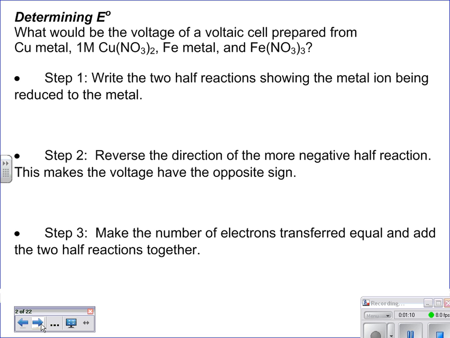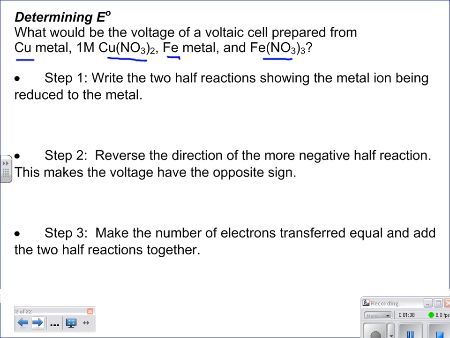So now, in order to determine the potential of that cell, we're given an example where we're asked what the voltage would be of a voltaic cell that is prepared with copper metal, 1 molar solution of copper 2 nitrate, iron metal, and 1 molar solution of iron 3 nitrate.